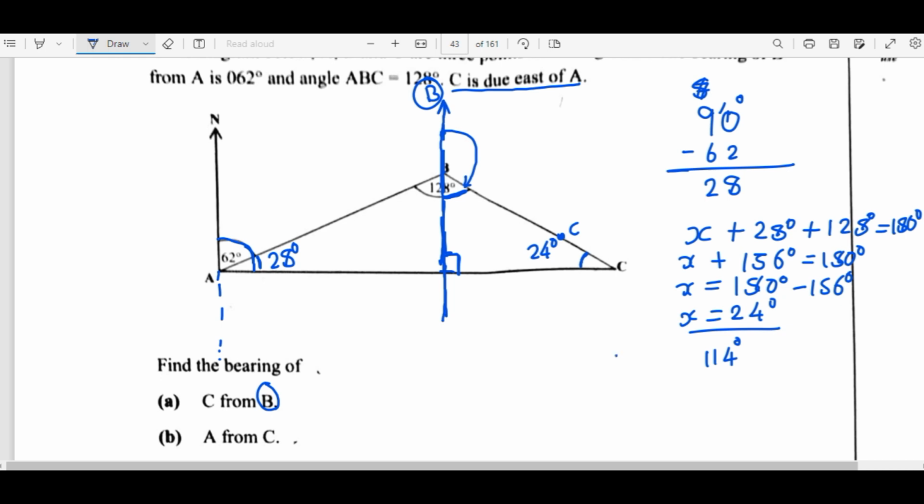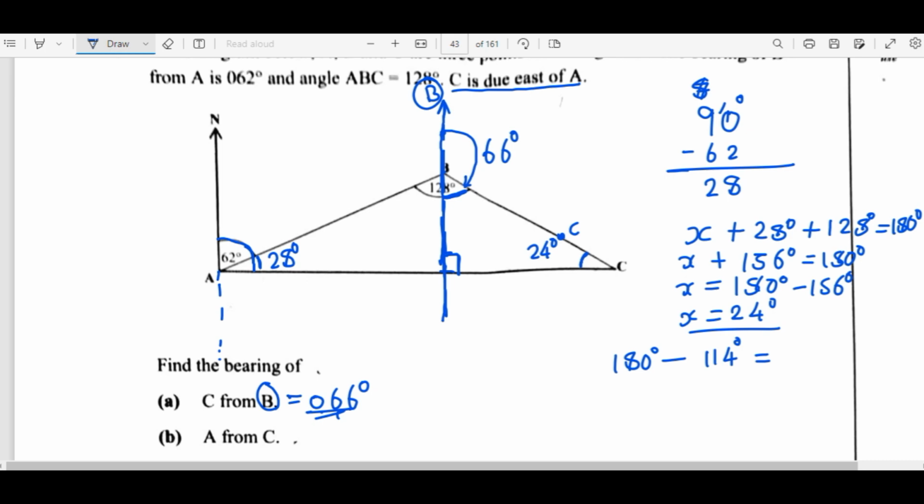Then we subtract this 114 from 180, which will give us the angle that we want. Or to summarize, we can just say 90 minus 24. This will give us 66. So that is the bearing, which is 66 degrees.